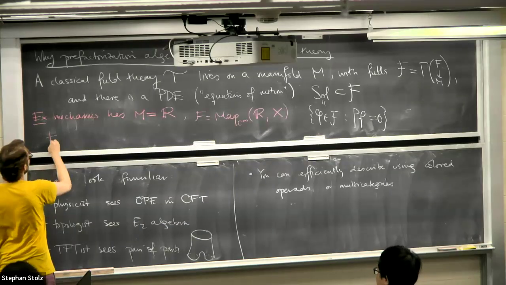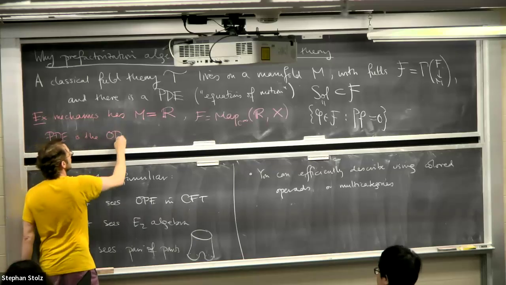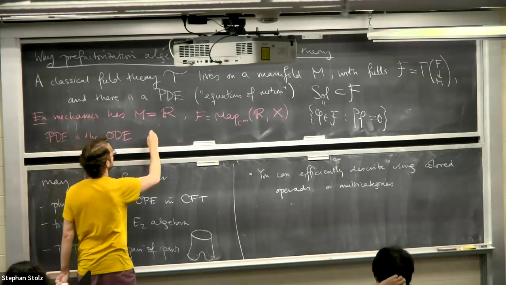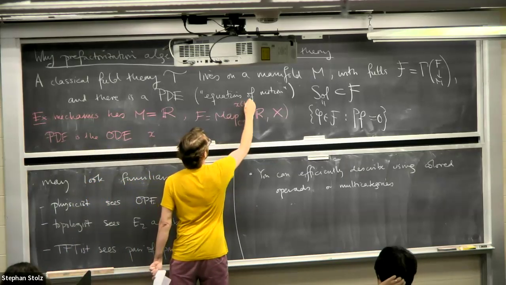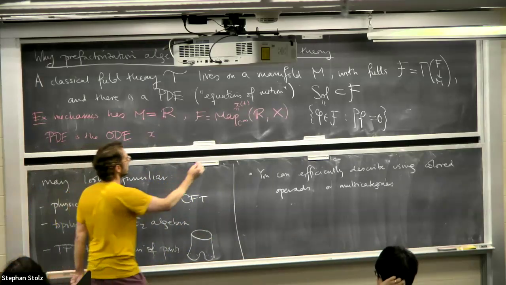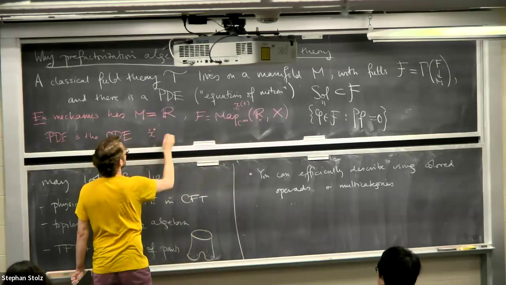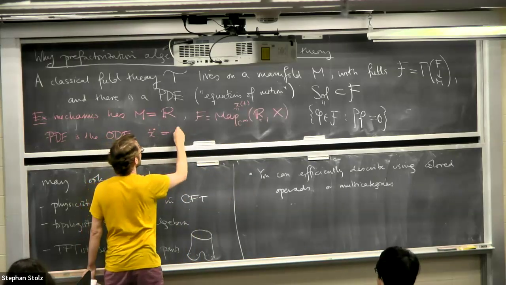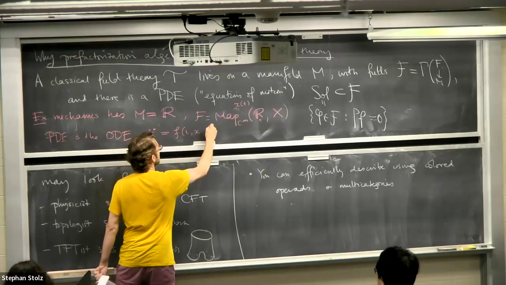And then our PDE, in this case, is the ODE we talked about before. So here, inside of here might be some x of t, we wrote it yesterday. T is the time parameter on the real line. So the second derivative of x is some function of time, position, and velocity.